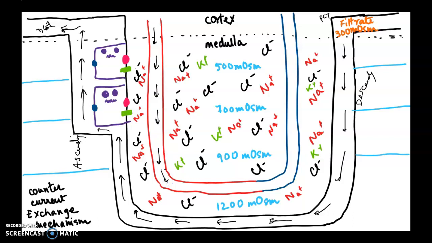So as blood comes down the vasa recta, let's say blood is here. The blood thinks, so much solutes. Let me pull some in. So at this point, we have sodium, chloride, potassium getting into the blood. All these solutes enter the blood.